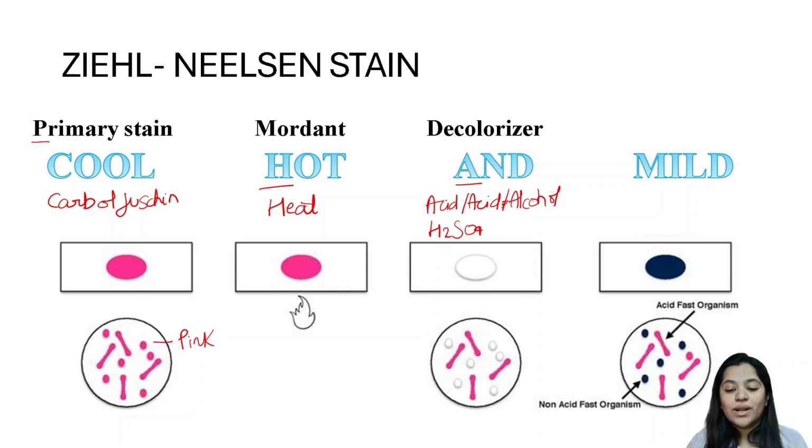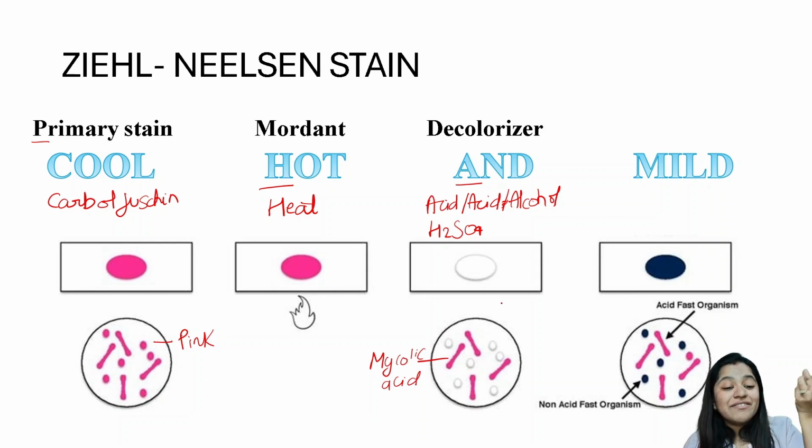Because they have mycolic acid. The acid fast organism have mycolic acid. And since they have mycolic acid, what will happen? They will retain the basic dye and resist decolorization by an acid. Clear? So, your acid fast organisms will not lose the stain, it will remain pink. Your non-acid fast will lose the color.